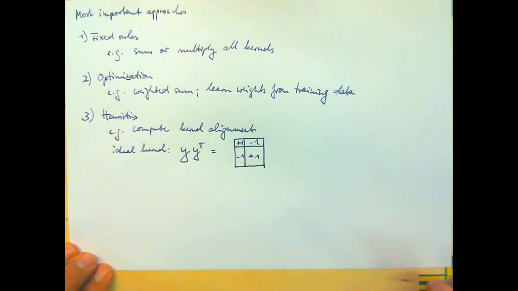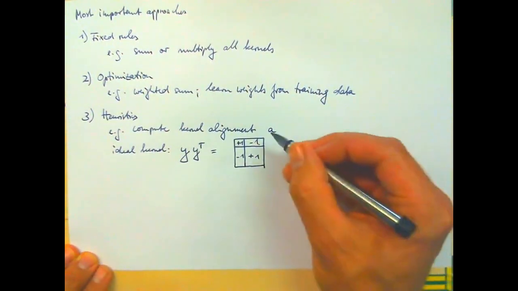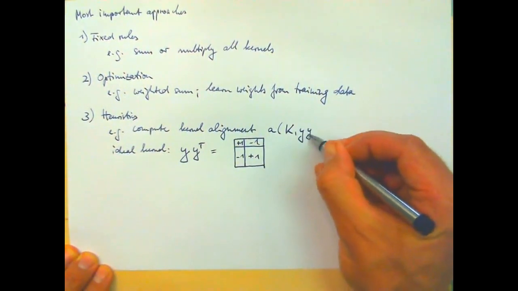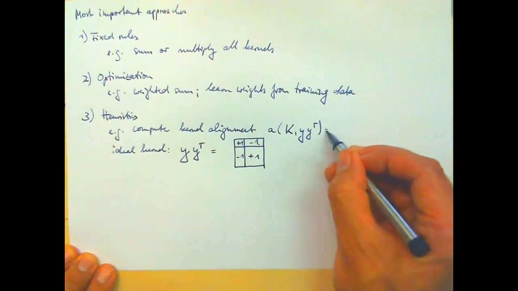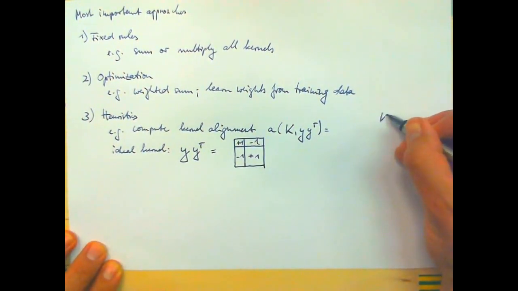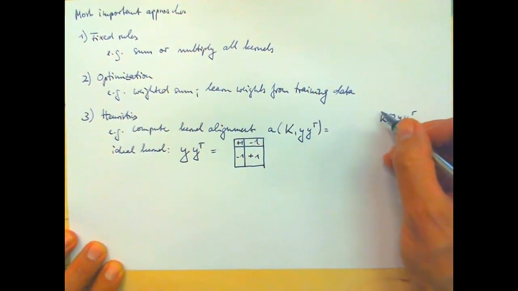Now, this kernel alignment A is defined as follows. So given some kernel matrix K and given this ideal kernel, you would first take the element-wise product of your kernel matrix and of the ideal kernel matrix, and then you sum over it.